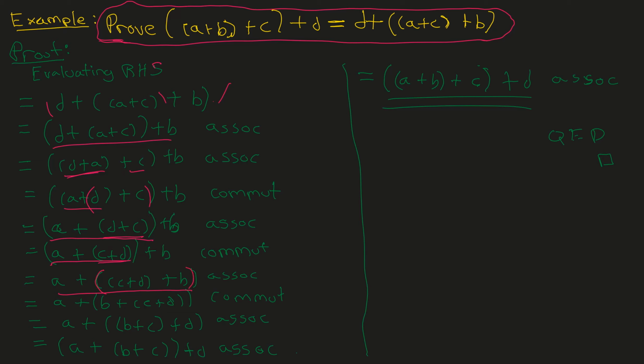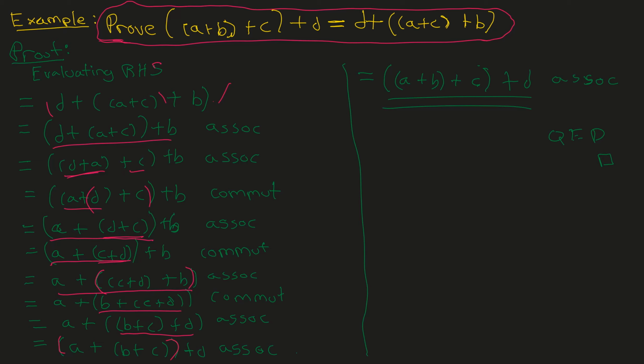And then I'm using commutativity again to show that c plus d plus b is the same as b plus (c plus d). Then I'm using associativity again to show that b plus (c plus d) is the same as (b plus c) plus d. I'm just rearranging the brackets over here. Then I'm using associativity again to rearrange the brackets to put it right there.